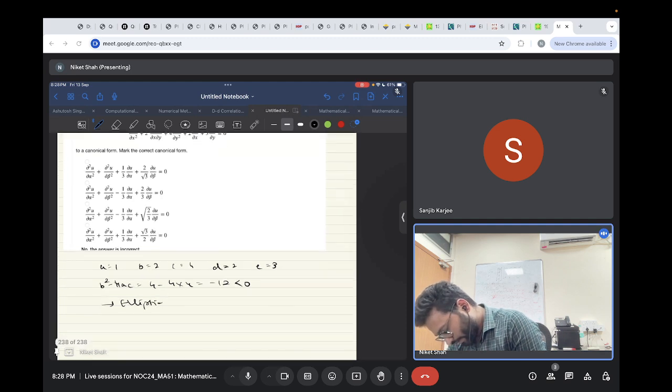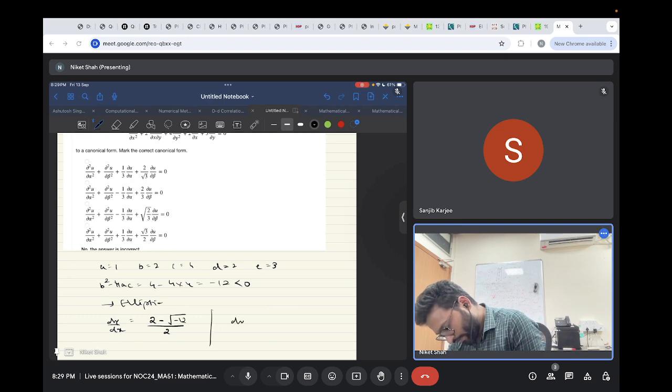So in this case, dy by dx is equal to b, which is 2, plus or minus square root of b square minus 4ac, which is square root of minus 12, divided by 2.